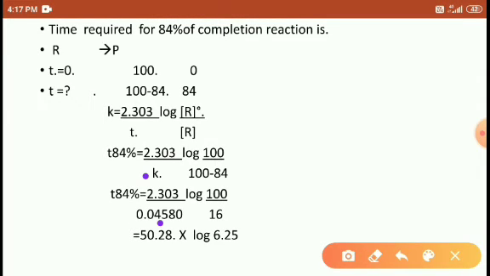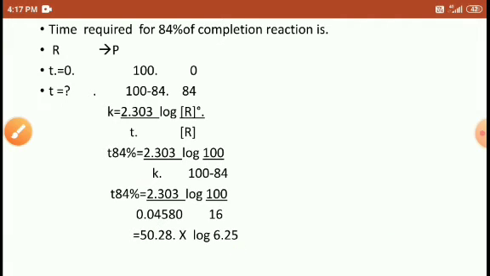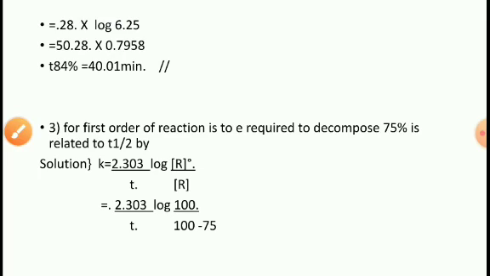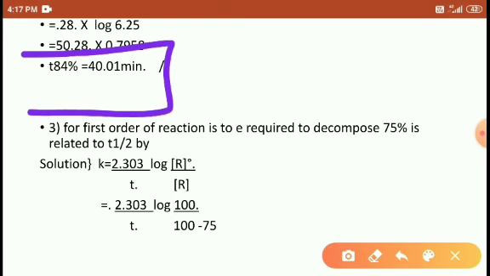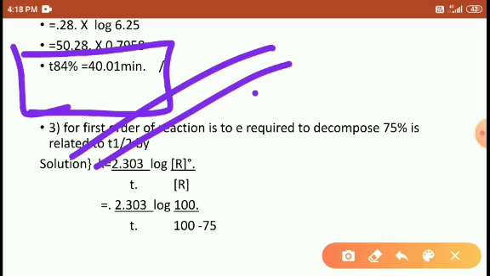Then we get this value as 50.28 and this value as 6.25. Then you find the log value is 0.7958, multiplied with 50.28. Then T, 84% is completed in 40 minutes. Right, students? 84% of the reaction is completed in 40 minutes.